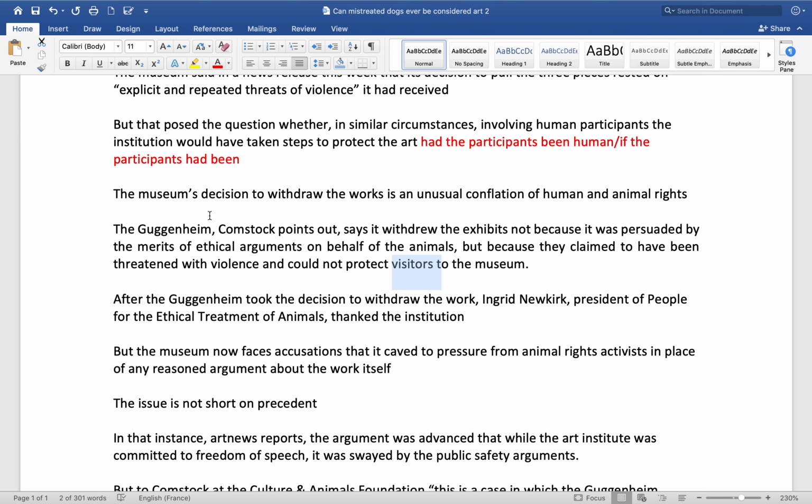So that's the only reason why the Guggenheim removed those pieces. And once again, it's not because it was persuaded by the merits of ethical arguments on behalf of the animals. So it makes it very clear that the museum was not concerned about animal rights at all, was well beyond that debate. It was just a question of safety and how many controversies had been sparked by this exhibition.